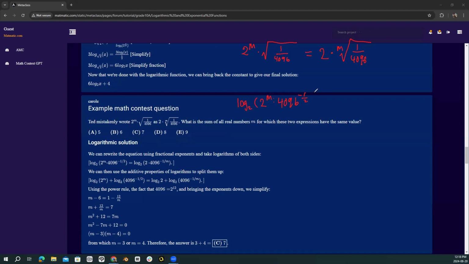I'm also going to be using a fractional exponent rule to convert this to this. And on our other side of the equation, we're going to write the other expression as log 2 times 4096 to the power of 1 over m.